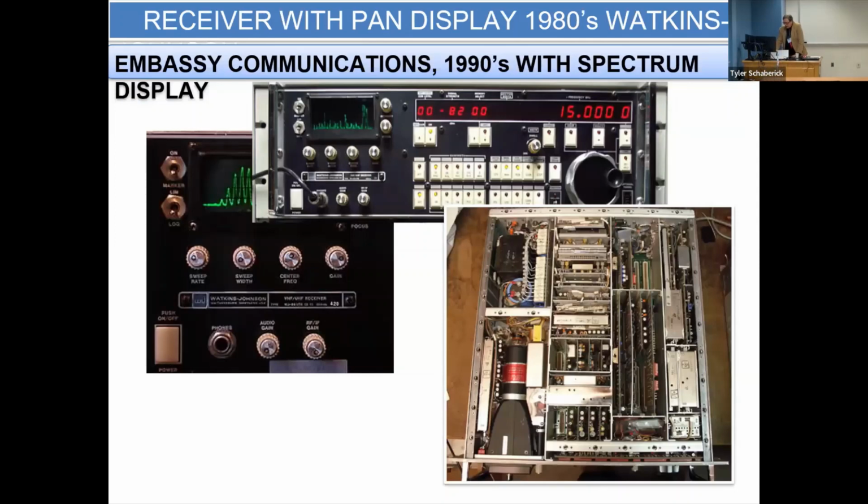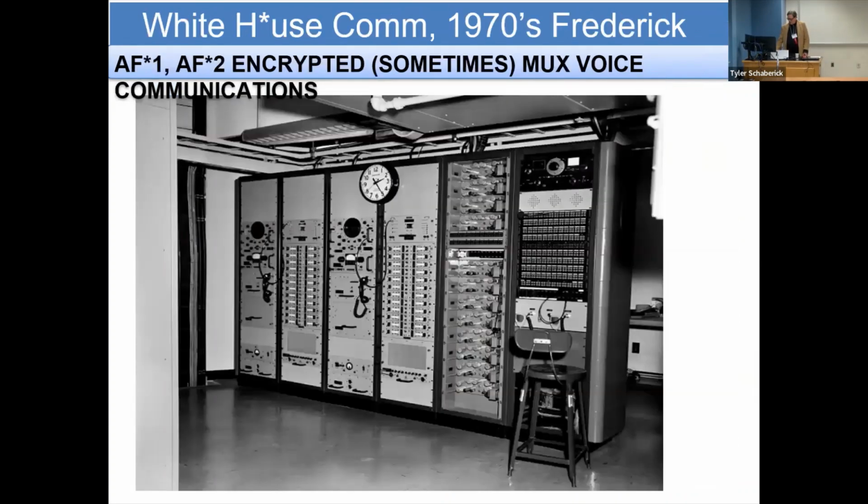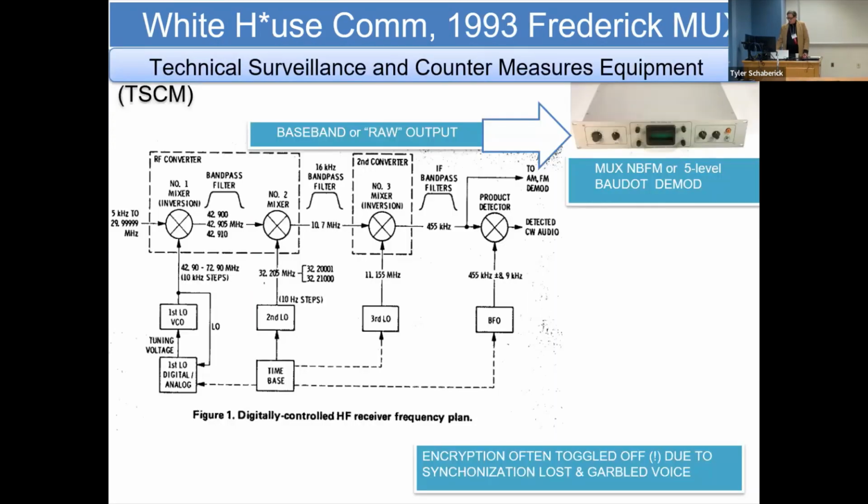As we get into the 70s, the first area that they encrypted was Air Force One. They would multiplex, and then they would encrypt it. Now, the only problem is that when you talk about Air Force One and Air Force Two encryption, the pilot has a pilot switch.